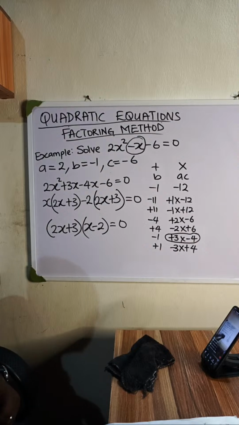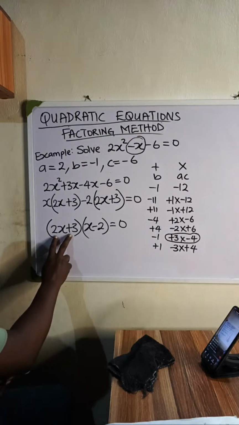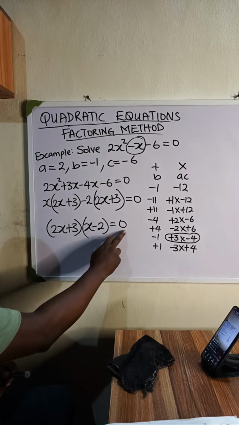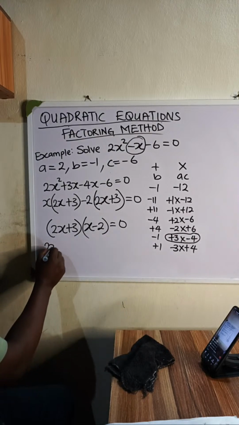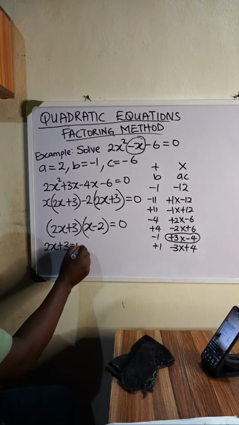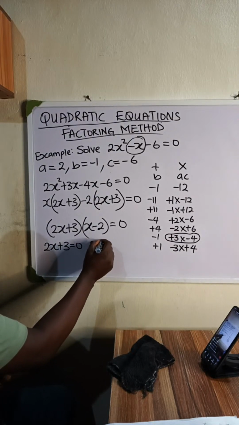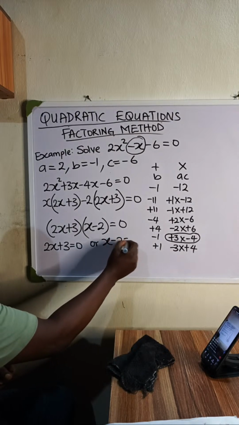The next thing we are going to do is equate each to 0. So 2x plus 3 is equal to 0, or x minus 2 is equal to 0.